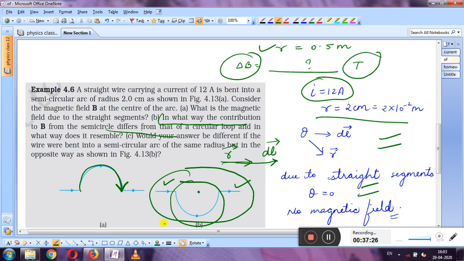But what will change? The direction of the magnetic field. If you curl your fingers in the direction of current in the semicircular loop, then your thumb will point towards you. That means perpendicular to plane directed outward. This is the only difference.